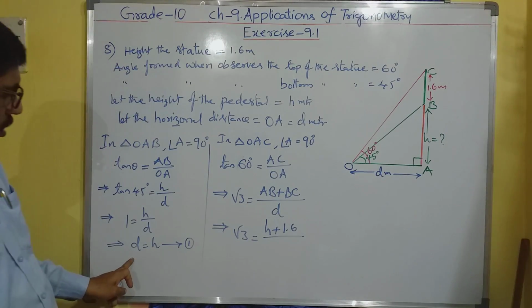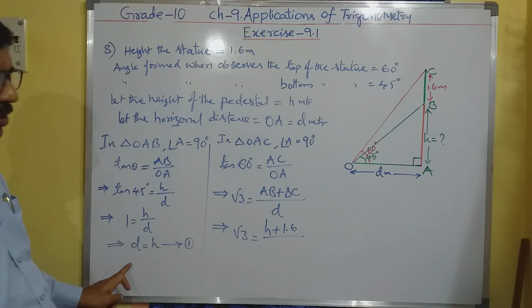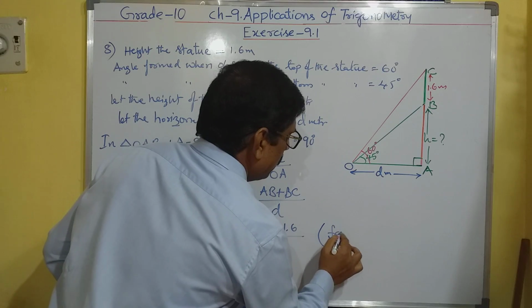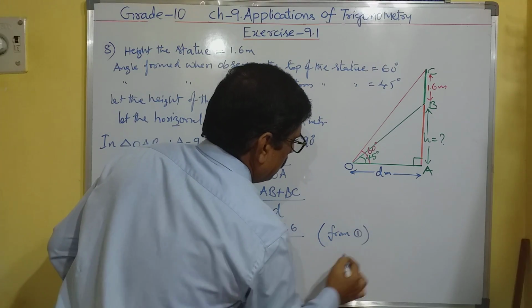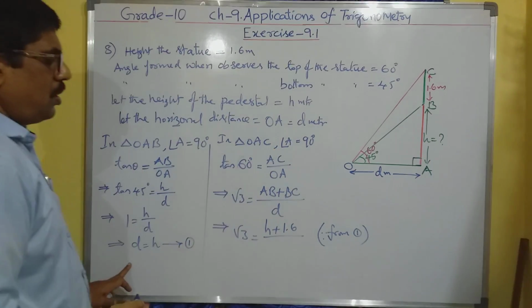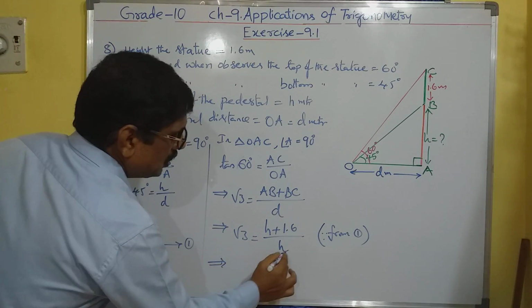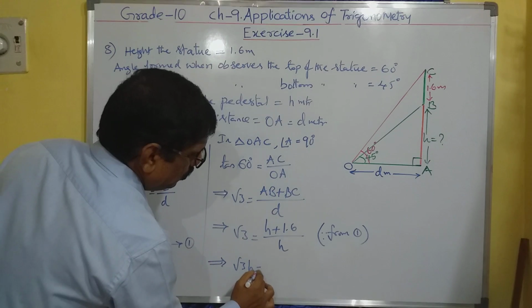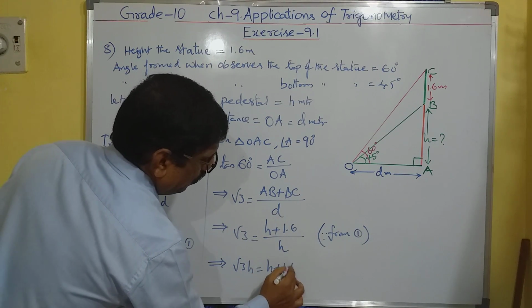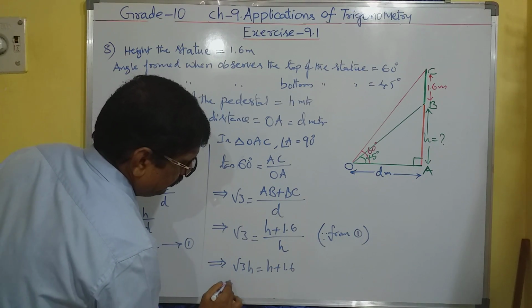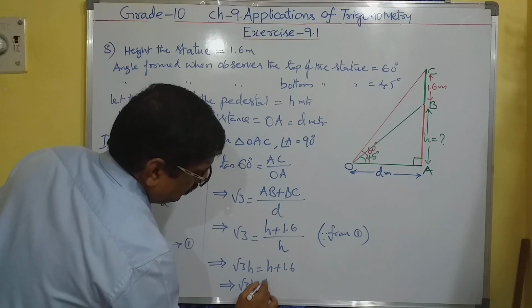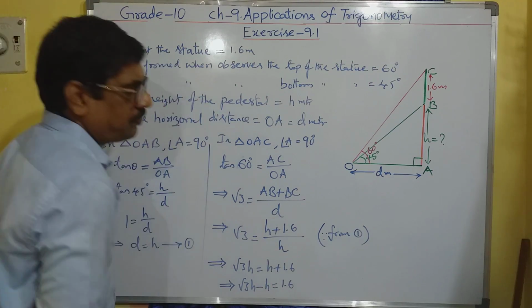From 1, d and h both are same, we proved. So now, by d value we can take as h. By h, if you take into LHS, root 3 h is equal to h plus 1.6. Now, root 3 h minus h is equal to 1.6.